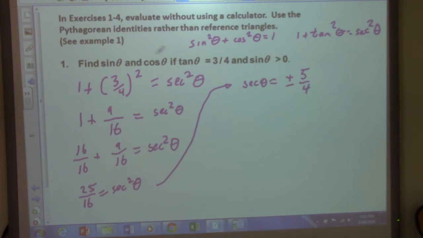How do we find cosine theta? Yeah, so cosine theta is going to be equal to plus or minus 4/5. And there's our cosine theta. And how do we figure out which one is which? Tangent theta is 3/4. Sine is greater than 0. What does that mean? Well, it means this is positive. So here's our cosine theta.